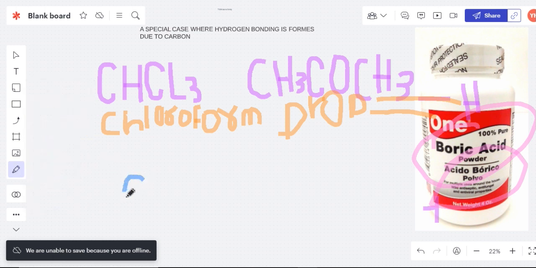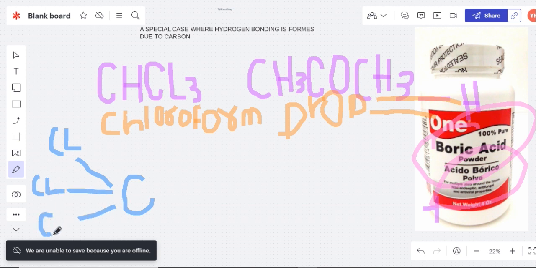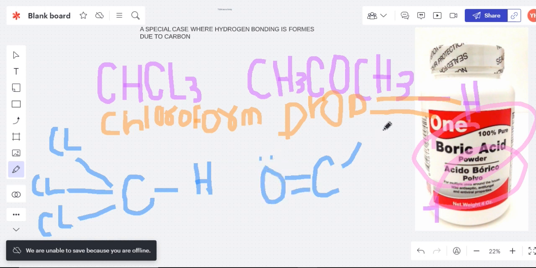This is basically carbon, one chlorine, another chlorine, and one more chlorine. Then here hydrogen. And what's the structure of this? C double bond O with a lone pair, and CH3, CH3.